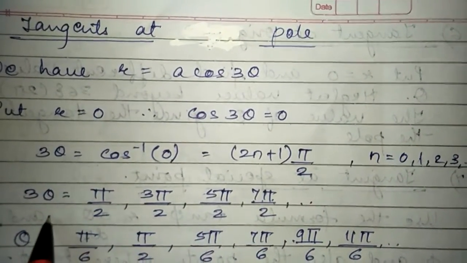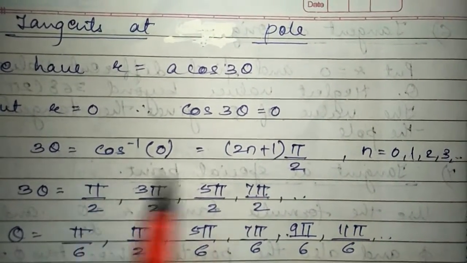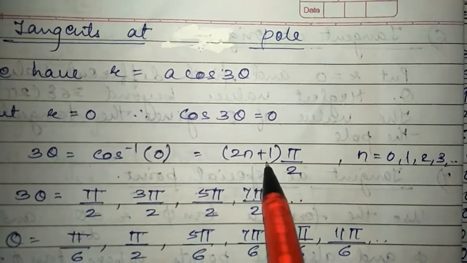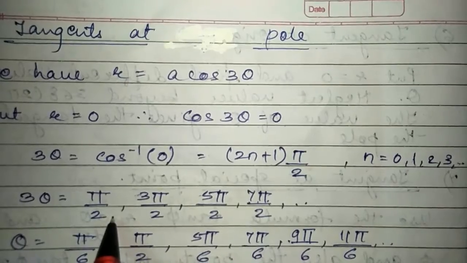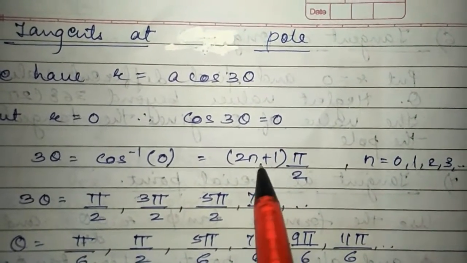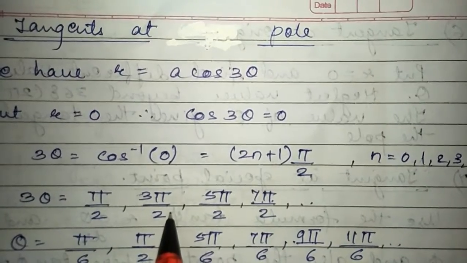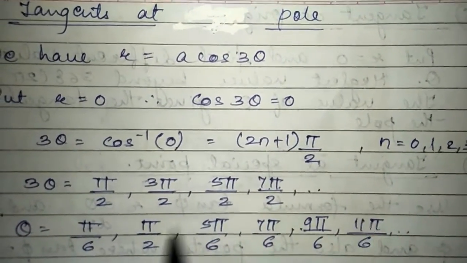So what we have, 3 theta is equal to, if n is 0, we have 3 theta as 2 into 0 plus 1, that is just 1 into pi by 2. So we'll have it as pi by 2. If n is 1, we'll have 2 plus 1, that is 3 into pi by 2, that is 3 pi by 2. Like this, 5 pi by 2, 7 pi by 2, and so on.